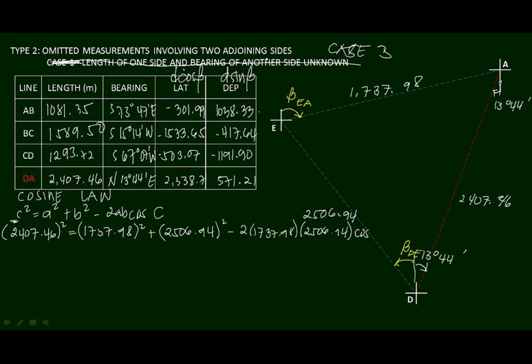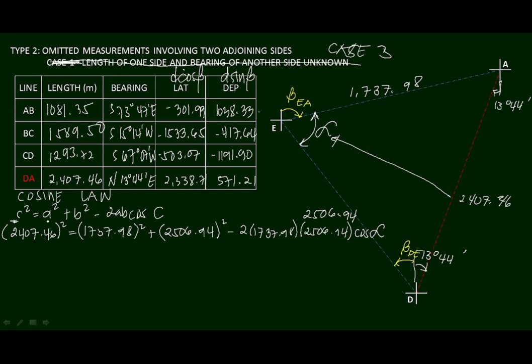What angle will we use here? Since the side on my left is this 2,407.46, the angle opposite this is this one. Right? The angle opposite 2,407.46 is this angle. And I'll name this alpha.